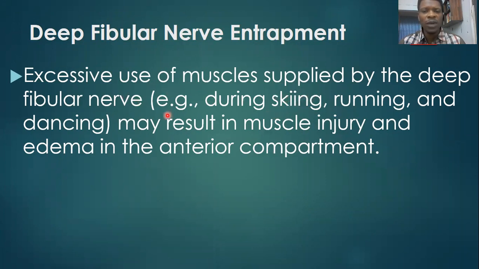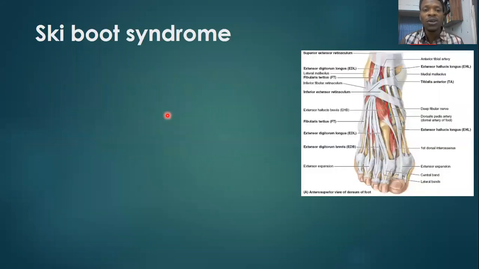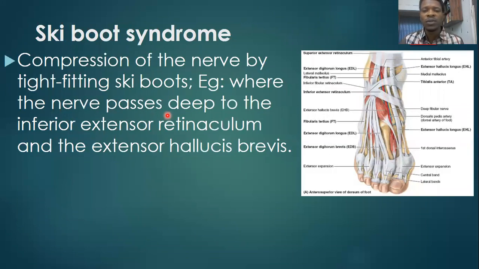Okay, that position where it is, when an individual is in a tight shoe, it could compress the nerve, and that could cause a lot of excruciating pain for the time being, which would eventually relax. Okay, but this occurs with very tight shoes, like as seen in sky hikers or those who do mountaineering and all that with tight shoes. So it leads to what they call ski boot syndrome.